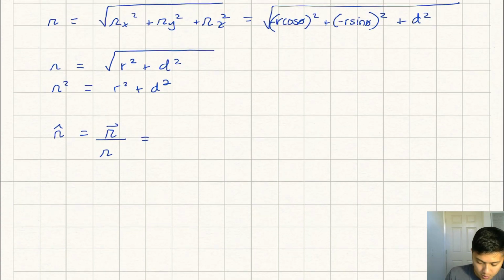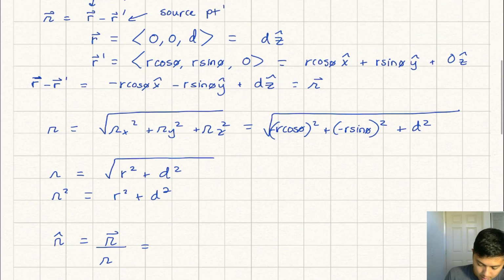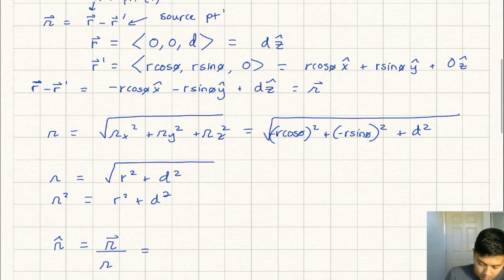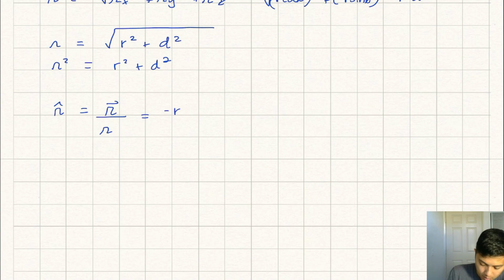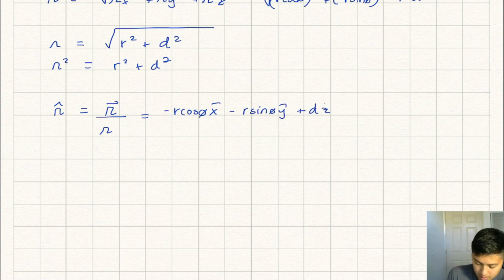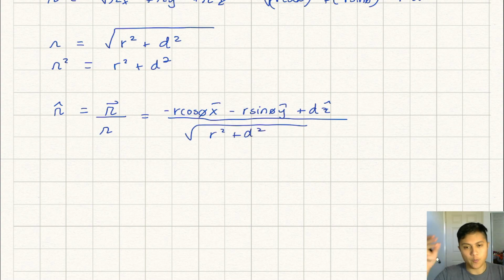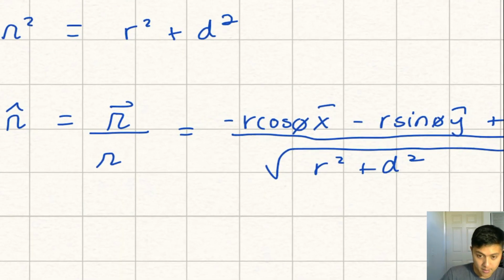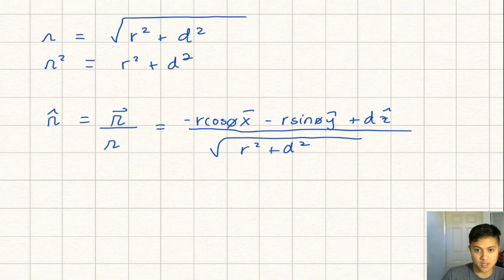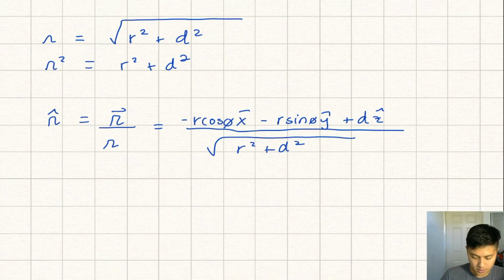Since we know what the magnitude is now, we have negative r cosine phi x hat minus r sine phi y hat plus d z hat, and then the square root of r squared plus d squared.